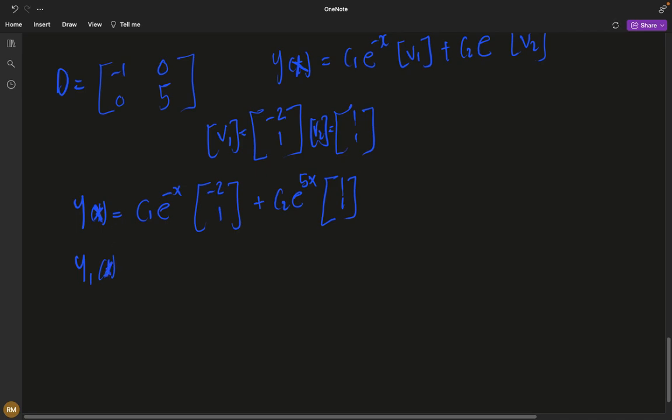So our y1 of x will be negative 2 c1 e of negative x plus c2 e of 5x, and then our y2 of x would be c1 e of negative x plus c2 e of 5x.